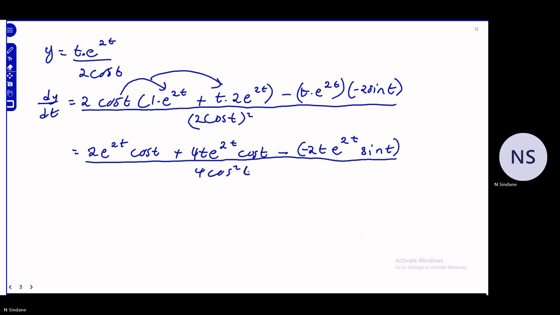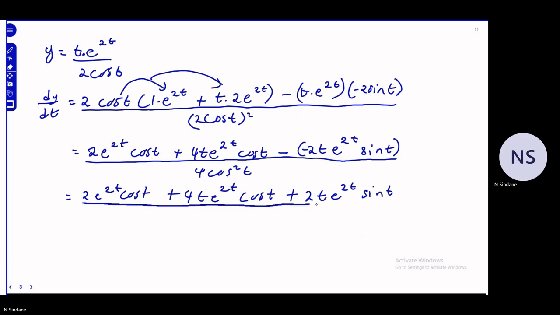Then I'm going to take out a common factor here, or before I take out a common factor, let me try to simplify it. This will be 2e to the power 2t cos of t plus 4t e to the power 2t cos of t plus 2t e to the power 2t sine of t, all divided by 4 cos squared of t.